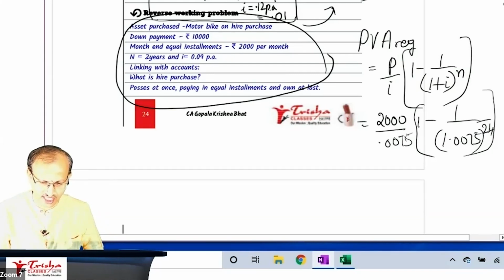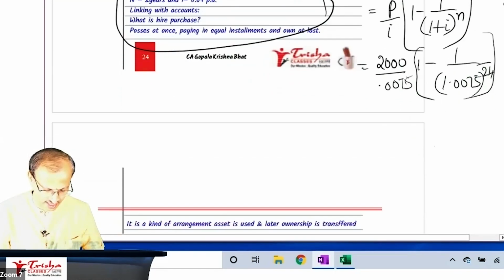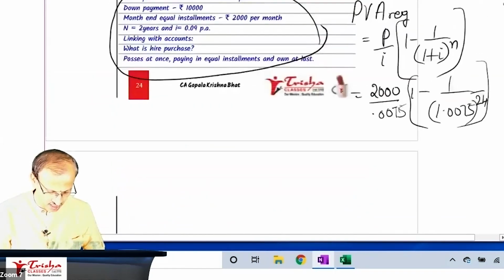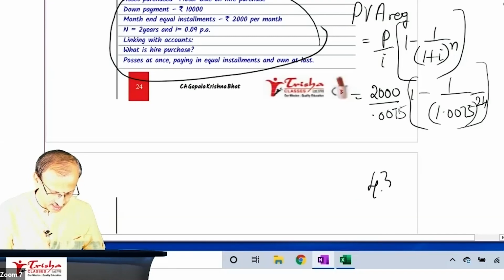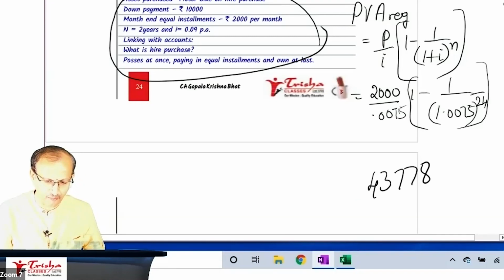So what is this answer? Everyone got 43,778. Super. You will get 43,778. Is that before the down payment or after the down payment?